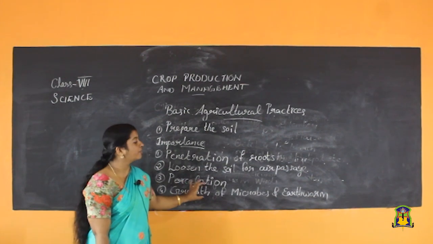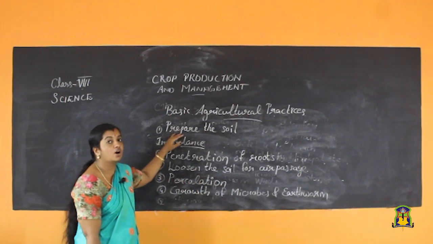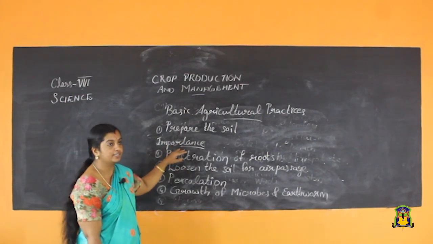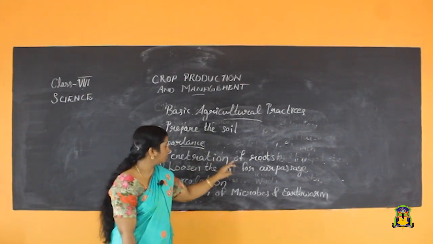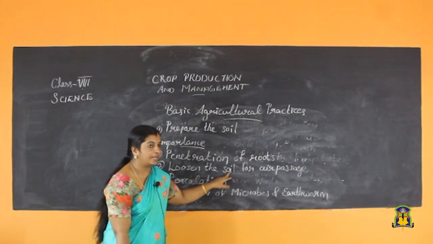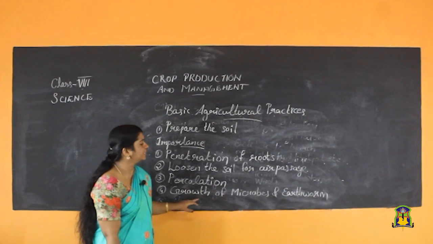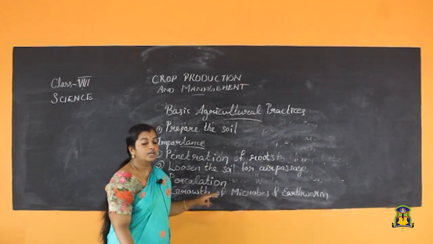So, for the growth of microbes and earthworms, we have to prepare the soil before starting cultivation. So, these are the importance of preparing the soil, that is penetration of roots, loosening the soil for air passage, increasing the percolation rate of water and helping in the growth of microbes and earthworms.